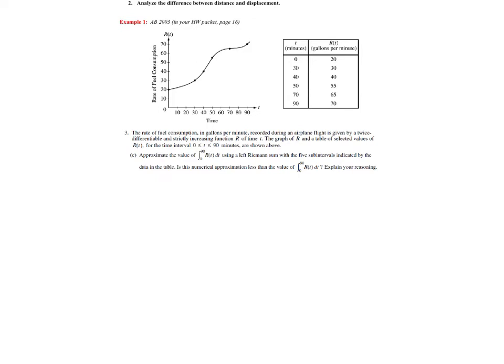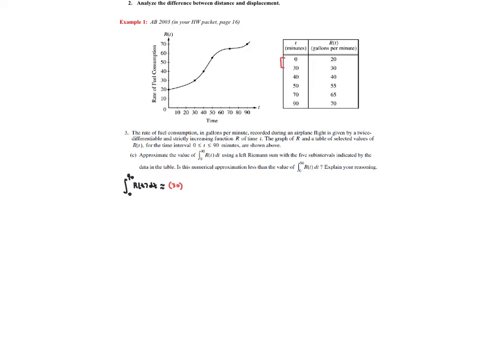So we are going to approximate the integral from 0 to 90 of r of t using a left Riemann or rectangular approximation. Okay, so I'm going to take my first interval. The base of that first interval will be 30 minus 0.